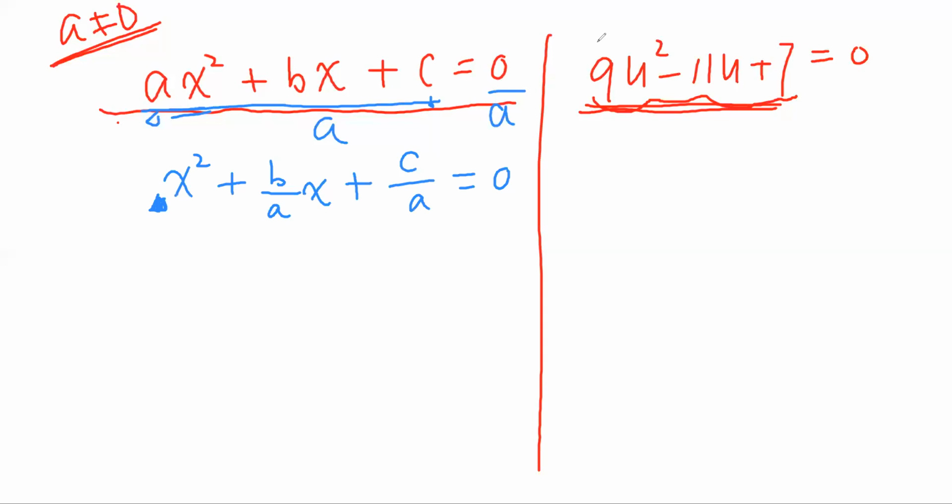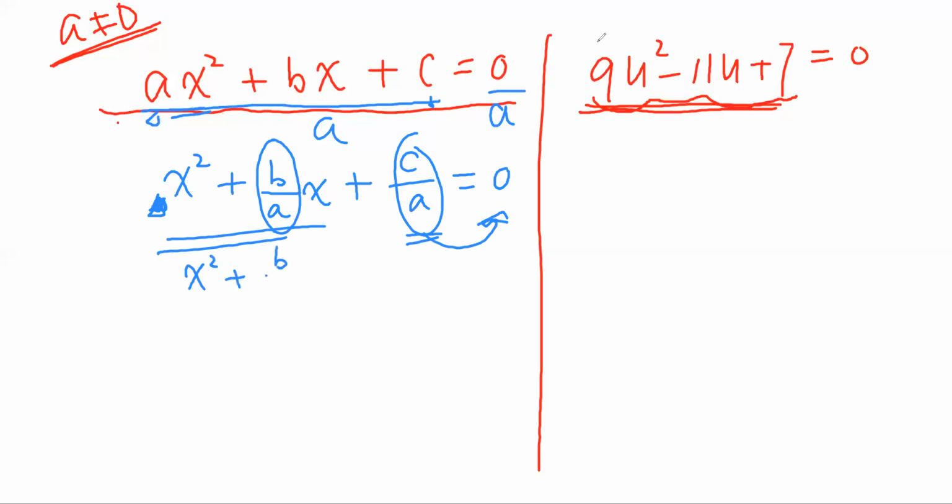B becomes B over A, and this part becomes C over A. Just like when we reviewed the homework, we keep these two parts and move this one to the right, so it becomes x squared plus b over a x equals negative c over a.